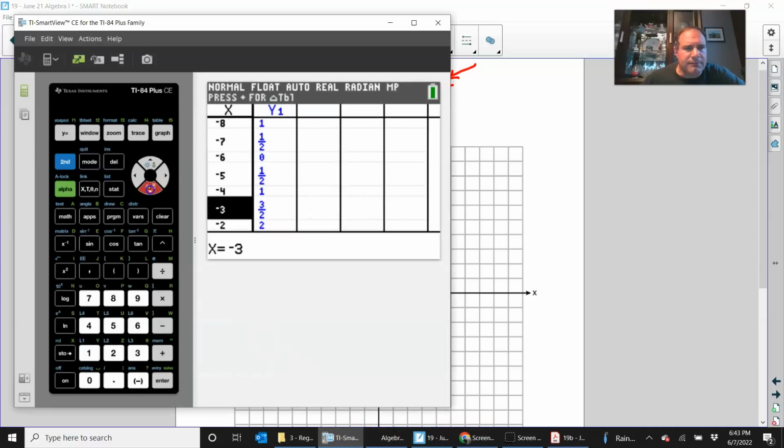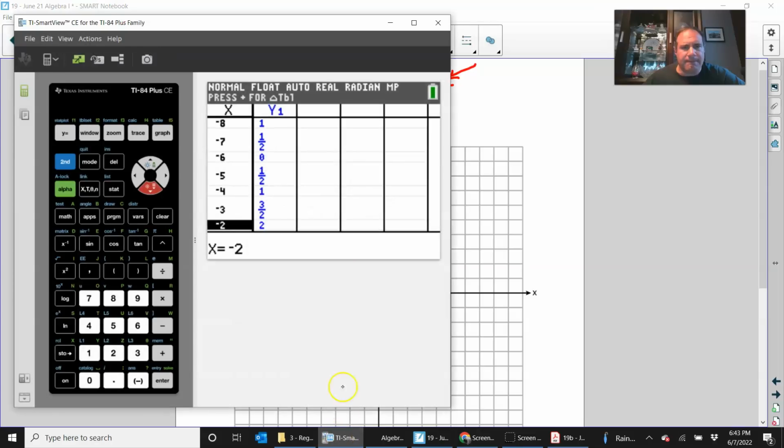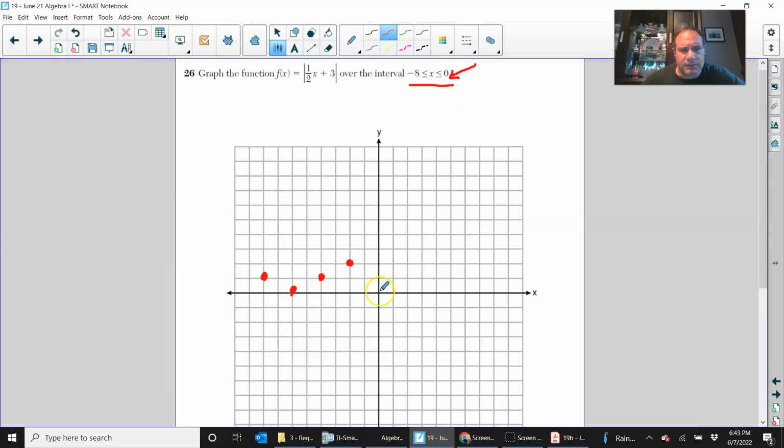I'm going to go down. Negative 2, 2. Negative 2, 2 up. Then I'm going to go to negative 1, and I'm going to go to 0, 0, 3. I'm going to put a closed circle on 0, 3.